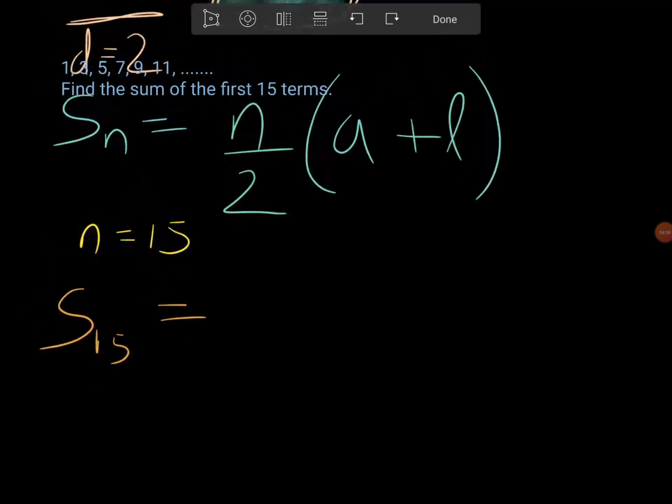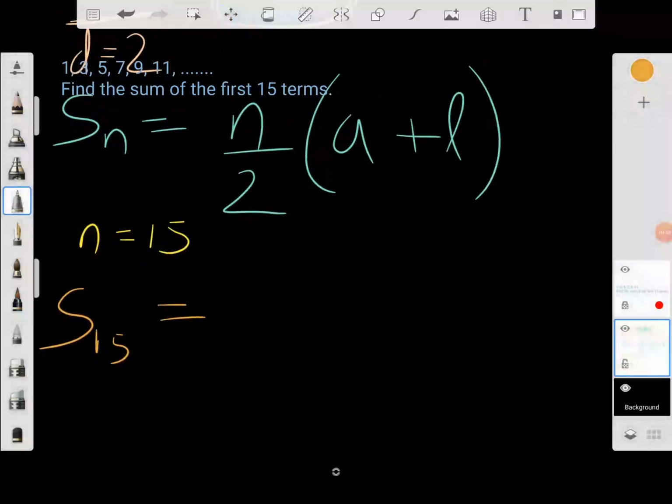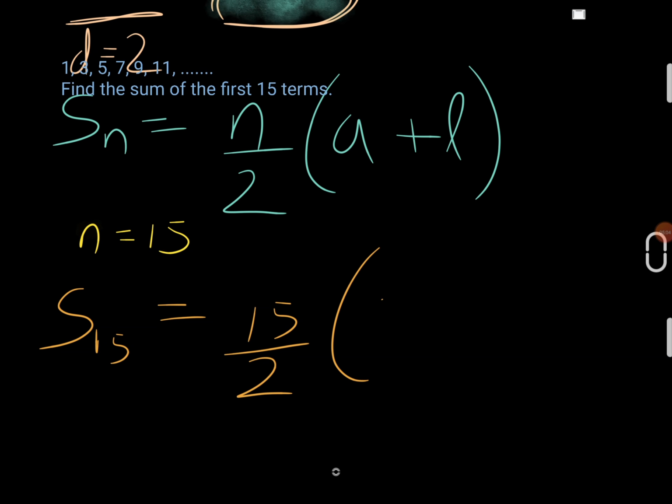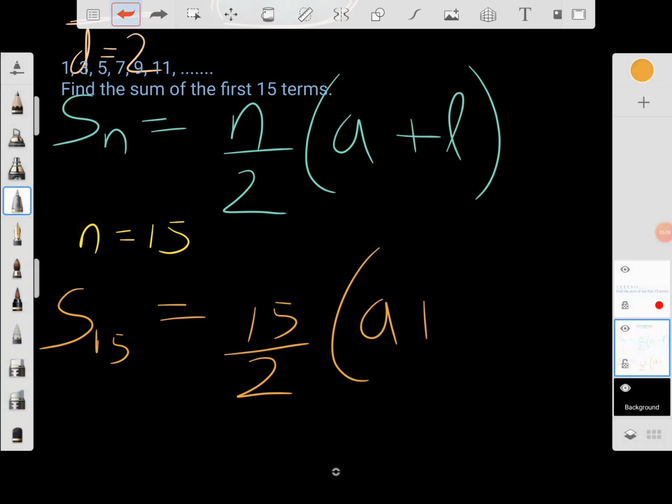S15 is equal to n by 2, that is 15 by 2, into a plus l. Let me directly write the first term, which is 1. So 1 plus the last term.